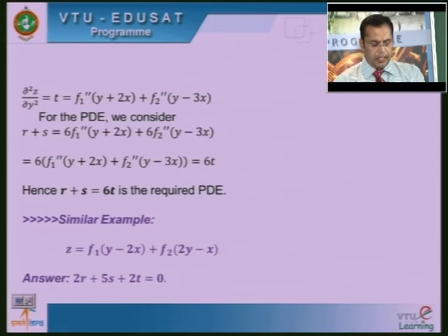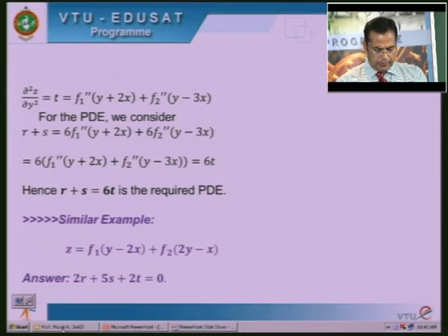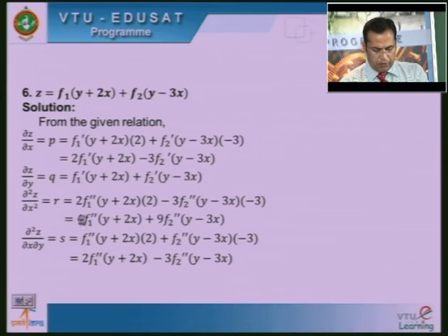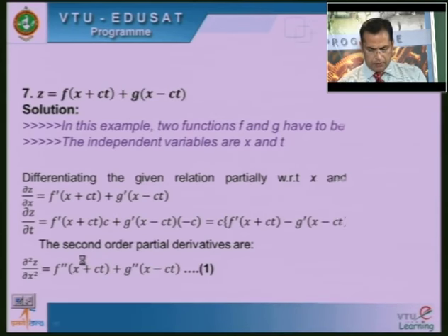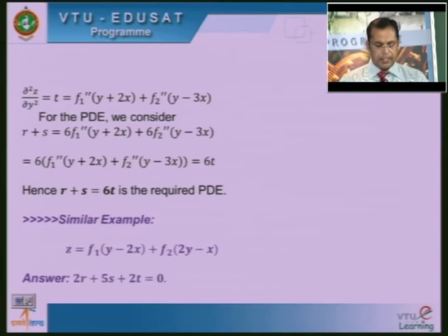For the required PDE, you consider the sum of r and s, r plus s, which is 4 plus 2, 6 f1 double dash y plus 2x plus 9 minus 3, again 6 f2 double dash y minus 3x, which gives a common factor of 6 times f1 double dash y plus 2x plus f2 double dash y minus 3x.